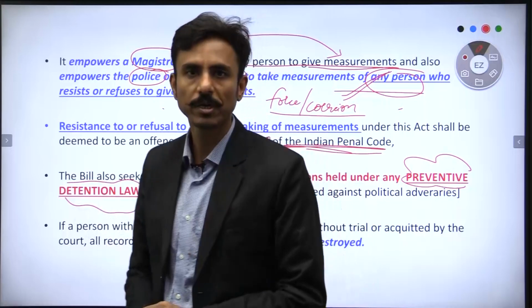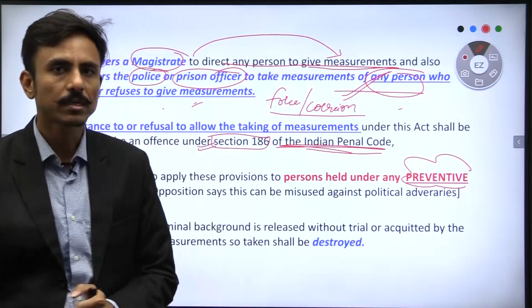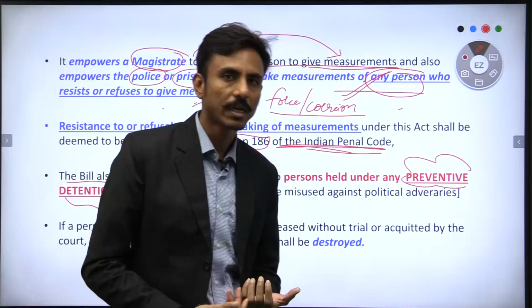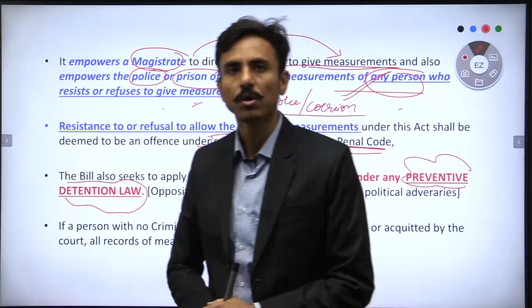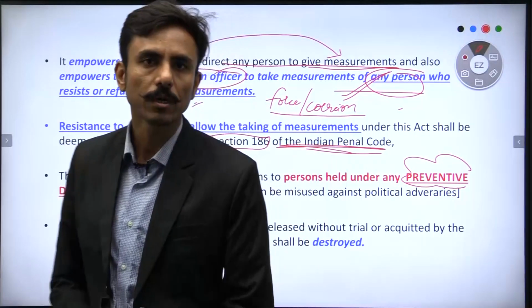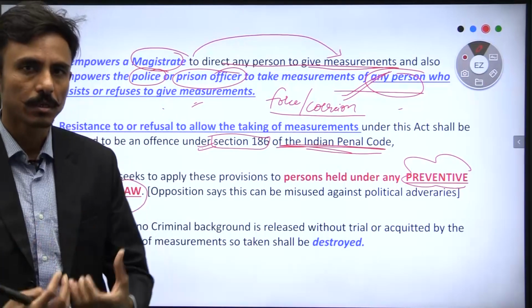That is called preventive detention law. You might have seen that when some election rallies are there, many people are being detained under the preventive detention law, so that no future crime takes place.